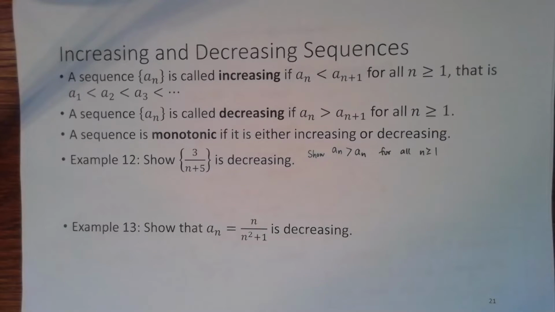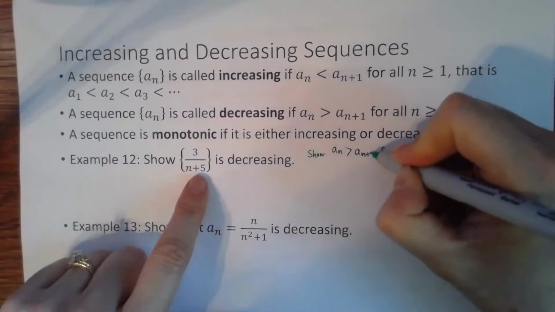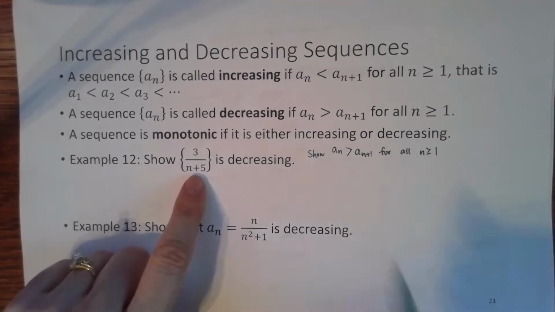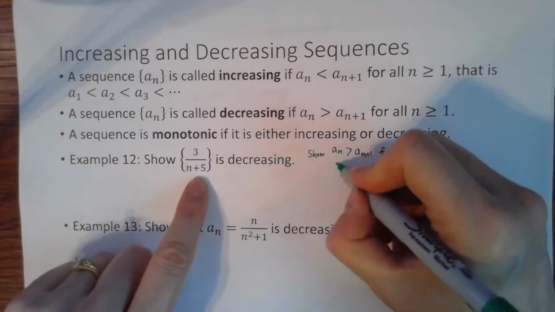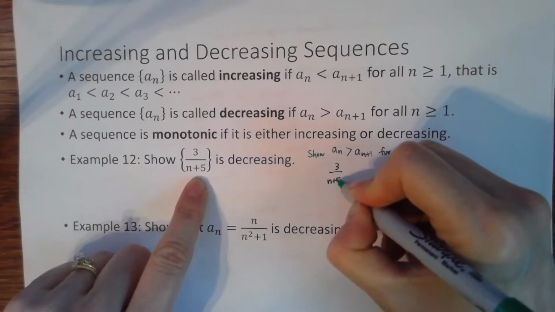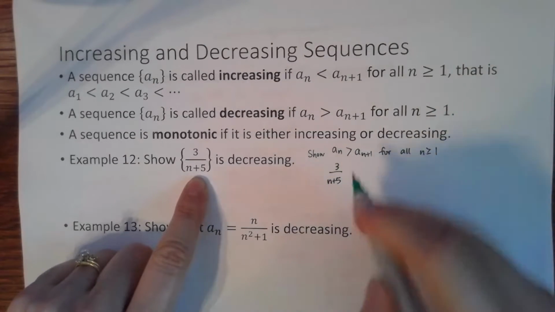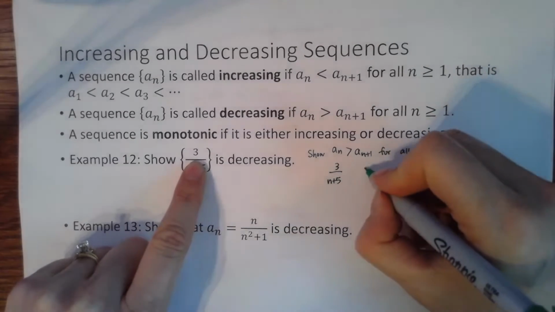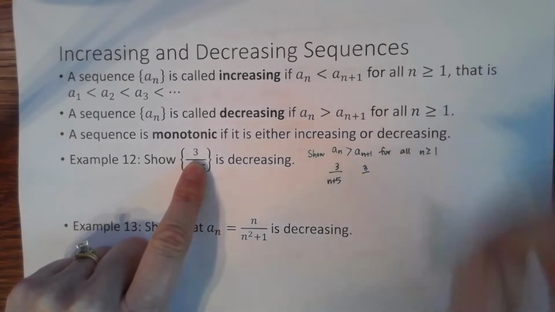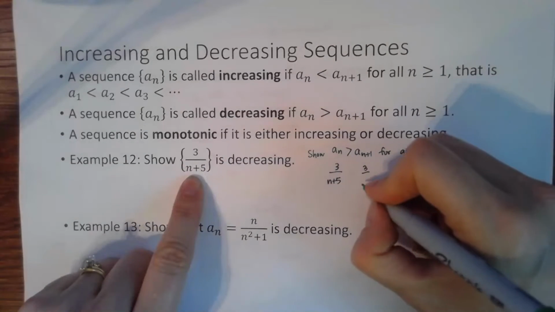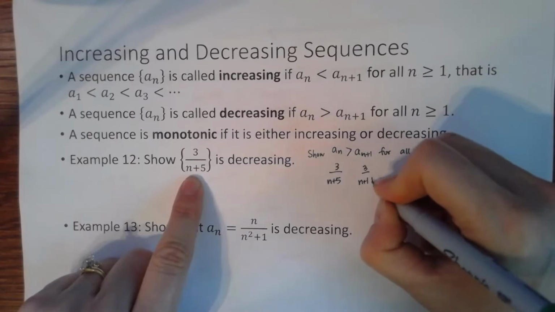So a sub n would be 3 over n plus 5, and a sub n plus 1 would be 3 over n plus 1 plus 5.